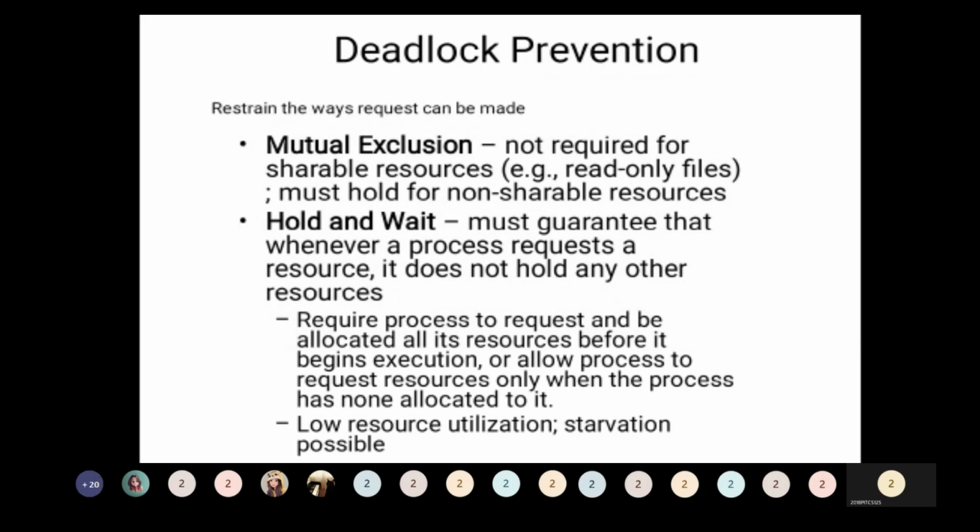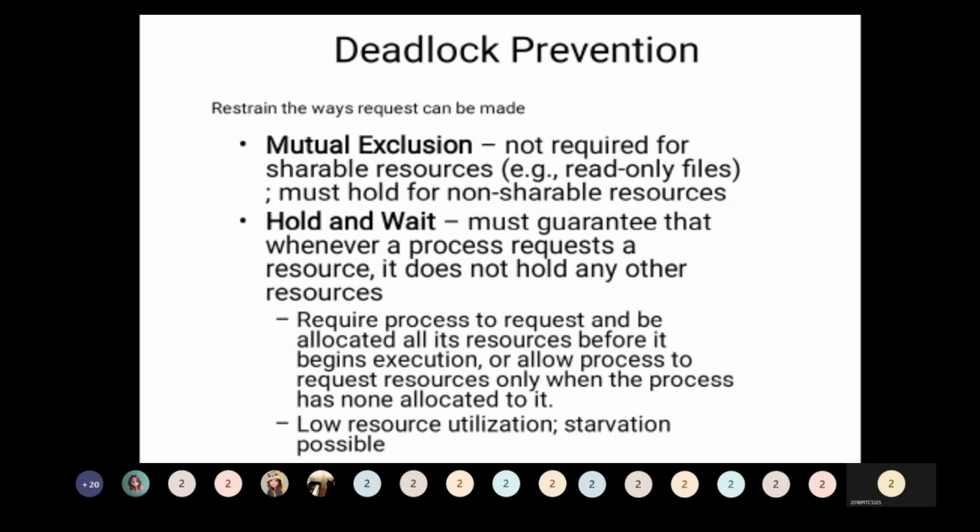Or in the second way, we can say that a process will be allocated the requested resources only when the process does not currently hold any other resources. So the chance here is that there may be a problem of low resource utilization, and starvation may be possible.